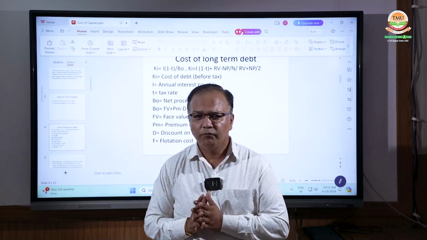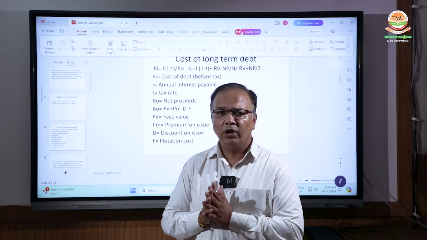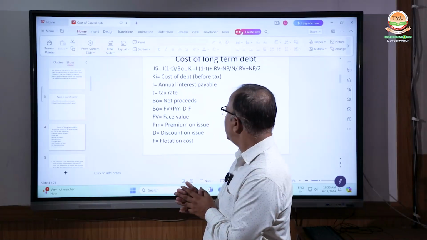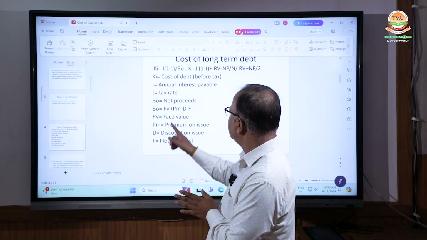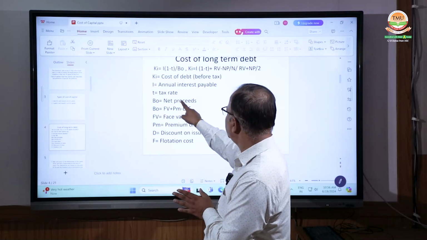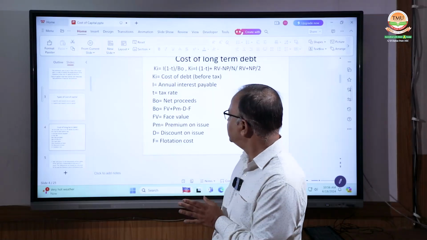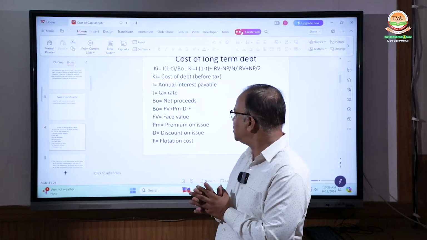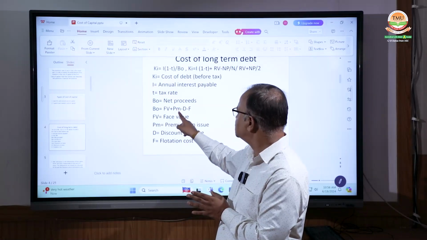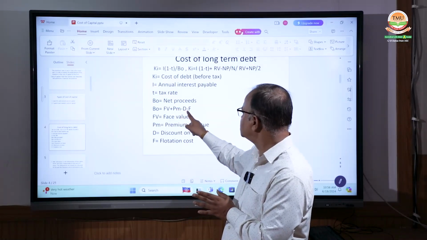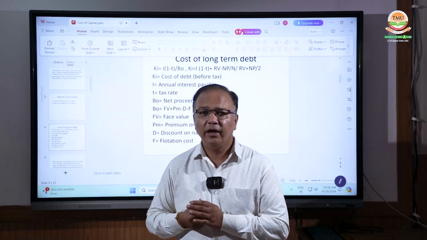These are the two formulas for calculation of long-term debt. I is equal to annual interest payable, T is equal to tax rate, B0 is equal to net proceeds, and here NP or B0 are the same thing. B0 is equal to face value plus premium on issue minus discount on issue minus flotation cost. This is the formula.